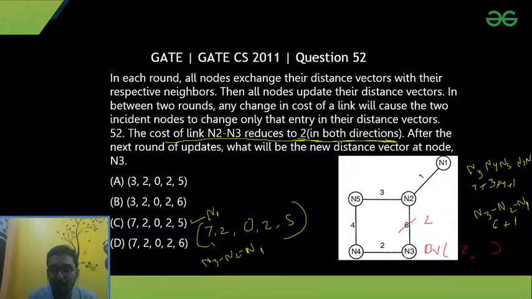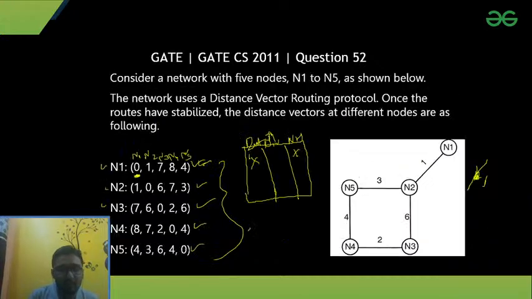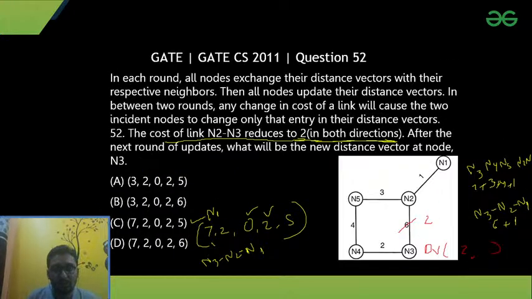For n3 to n3, it is 0. For n3 to n4, we can directly go, it is our neighbor and cheapest, that is 2. And for reaching n5, we can go by 4 plus 2, 6 distance. So that was given in the question: 7, 6, 0, 2, 6.